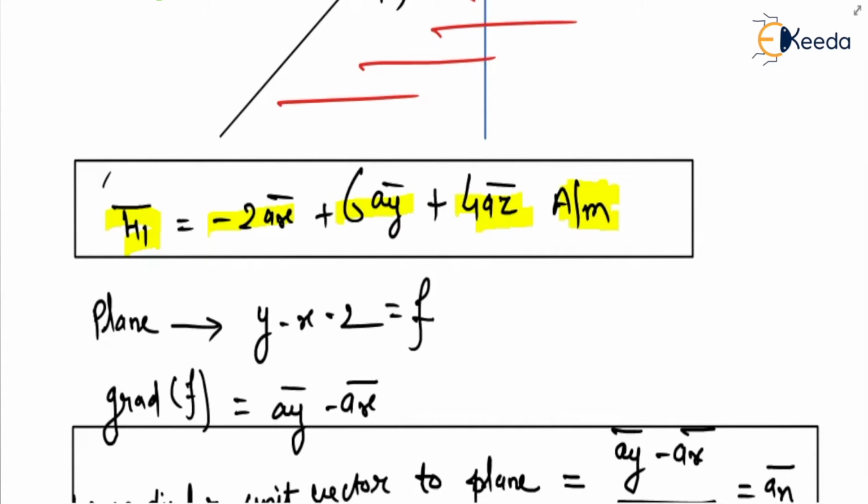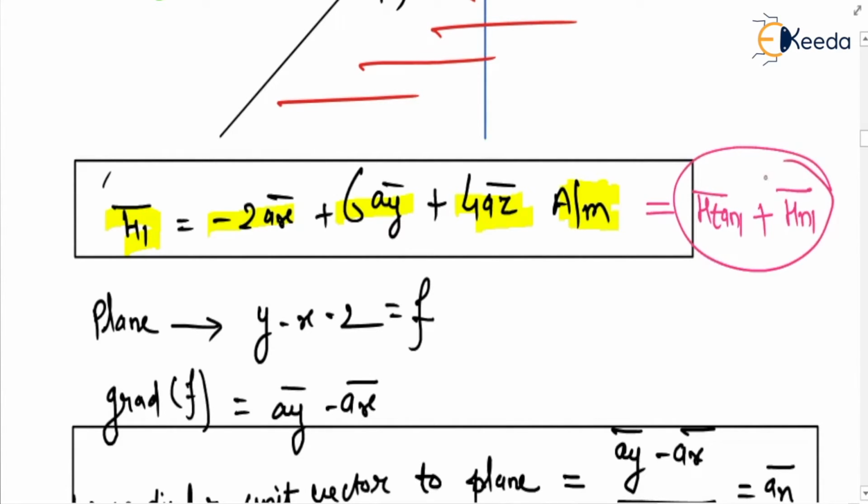And this magnetic field has two components. One is the tangential component and another one is the normal component. If we calculate either one of the components, Ht1 or Hn1, then the other component we will directly obtain. The plane is given as y minus x minus 2 is equal to f.